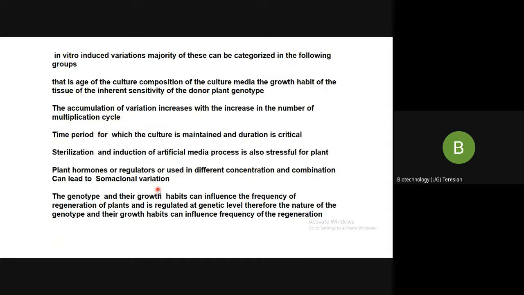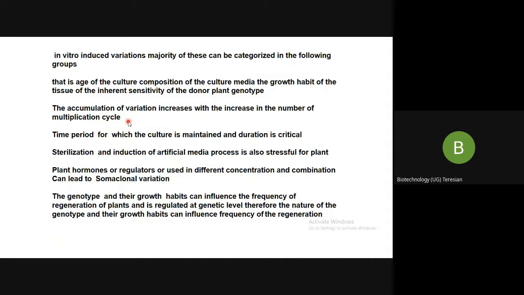So the first one, the age of culture: in in vitro culture, tissue is continuously induced for multiplication, right? From the young plant, they have to keep on multiplying to develop into a fully grown mature plant. The frequency rate of accumulation of variation increases with the increase in the number of multiplication cycles. So you took a small explant and you are growing it into a whole plant because it has totipotency.